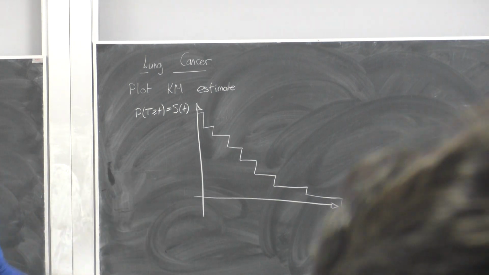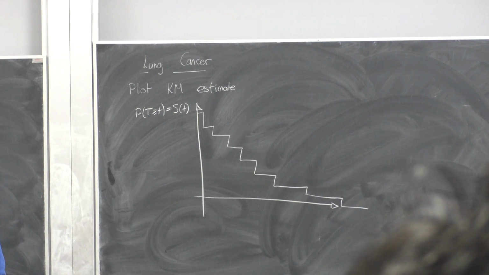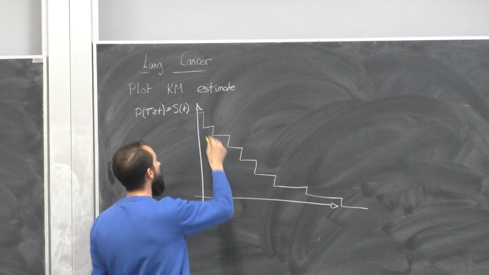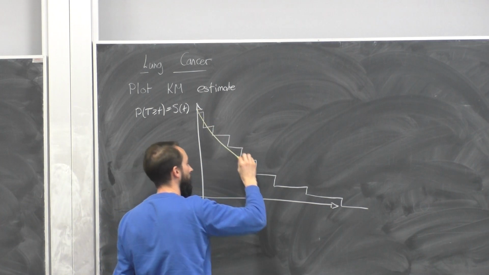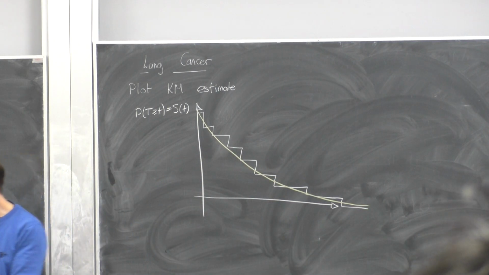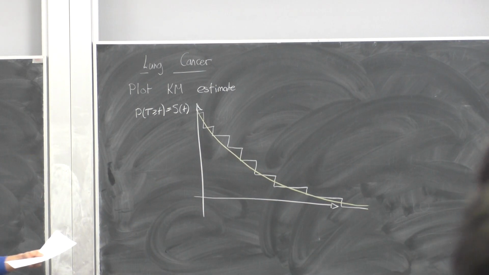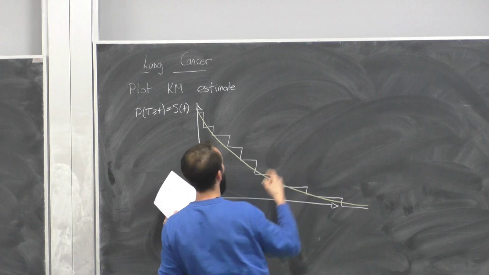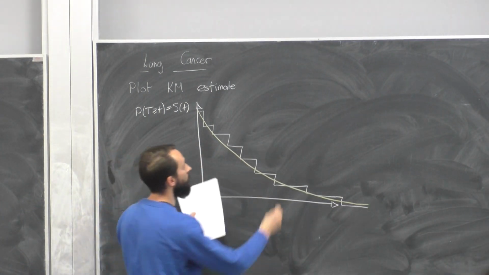I would ask, does that look like a particular standard distribution? In this case, maybe it looks like what I would get if T followed an exponential distribution. It looks roughly like exponential decay.